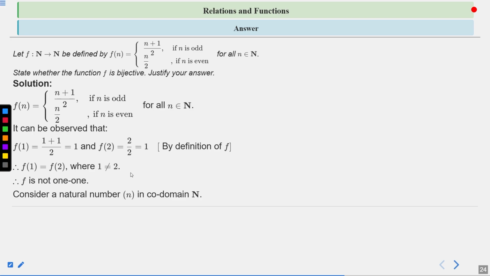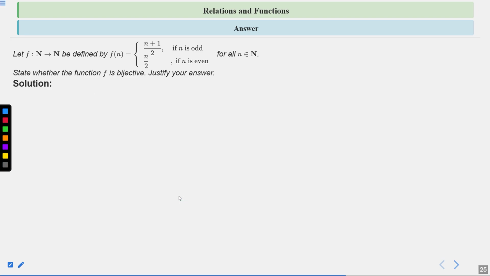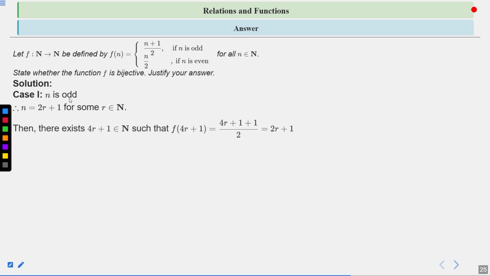Now consider a natural number n from the codomain set. Case 1, when n is odd, meaning n will be of the form 2r plus 1, where r belongs to the natural numbers. Then there exists 4r plus 1 belonging to N, such that f(4r plus 1) equals 2r plus 1.